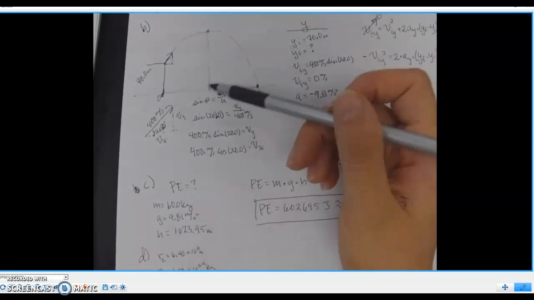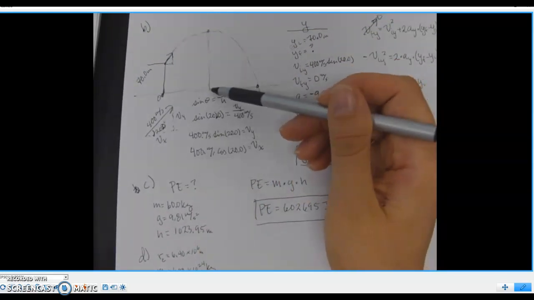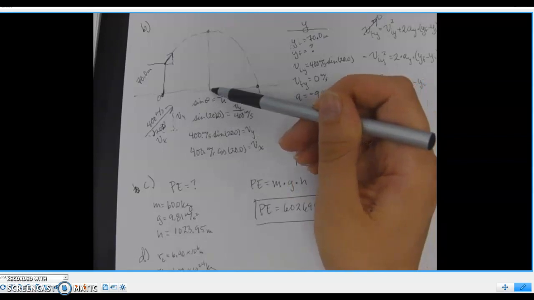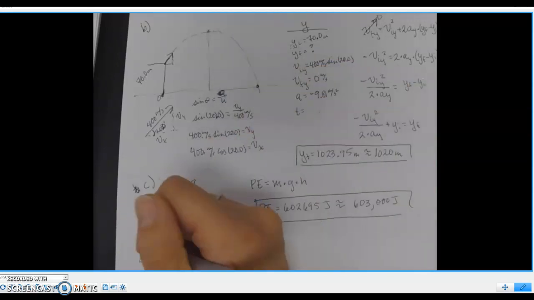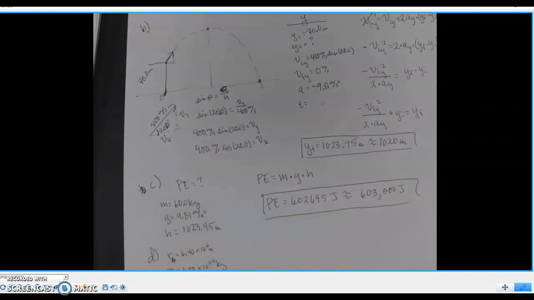So that means from the center to the edge of the Earth is that 6.40 times 10 to the 6 meters. So we need to add this extra little bit of height in. So this is not just going to be the radius of the Earth, it's going to be that plus that height, the 1,023.95 meters.